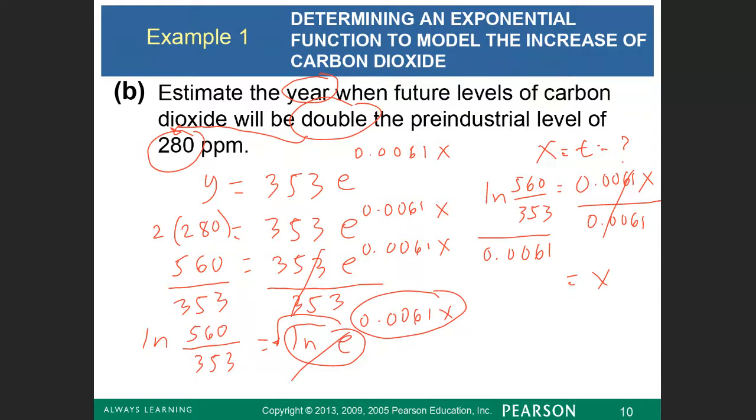Press your ln button in your calculator, and that's 560 divided by 353 divided by 0.0061, and the answer would be 76. So that would be 76 years.